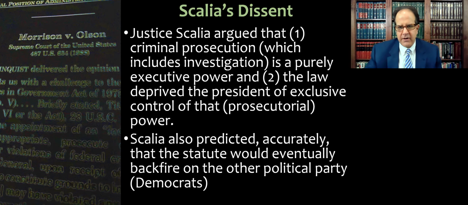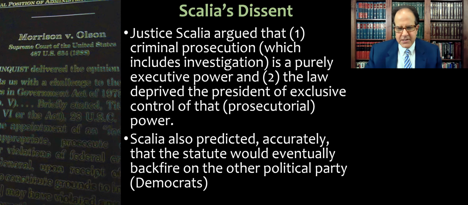like the prosecutor's office. And for my students, I want you to connect this part of Scalia's dissent with cases like Myers and Humphrey's Executor, where the Supreme Court had really focused on the function of the official to decide which branch's function they were kind of doing. Are they doing legislative or executive functions?